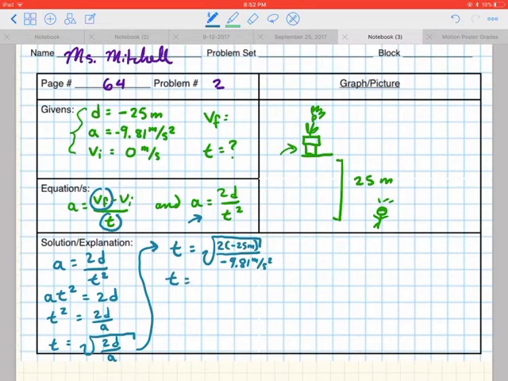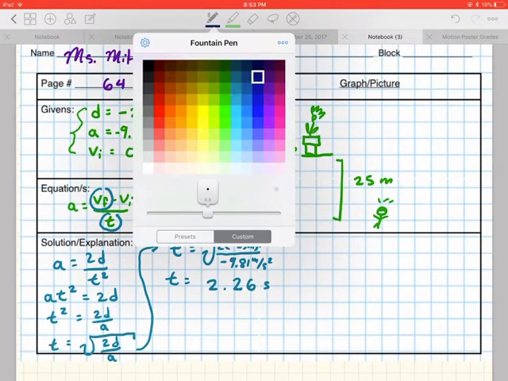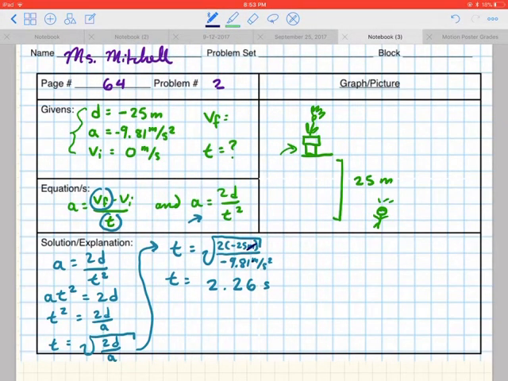And then if you plug that into a calculator, you should be getting time is 2.257, so I'm going to round that to 2.26 seconds. Let me just check my units really quick, because the meters are gone, and you're left with seconds squared on the bottom of the bottom, which means on the top, and then the square root of a square is going to get rid of that square. So this makes sense. That's my time.